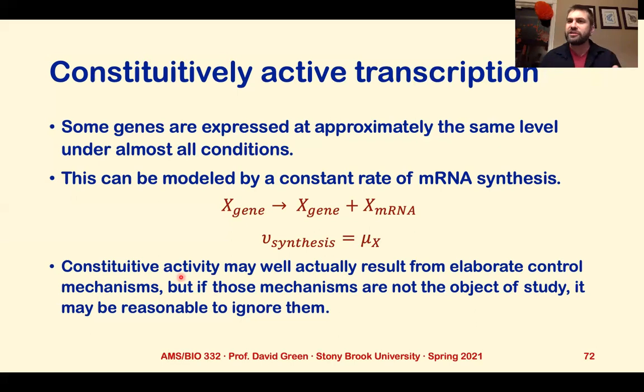But if we have genes that are involved in our process that we're interested in, but we're not interested in the regulation of those genes per se, it may be reasonable to ignore them and say these are constitutively active genes that we need to be expressed, but that we can model with a very simple approach for dealing with constitutive activity, constant synthesis rate.